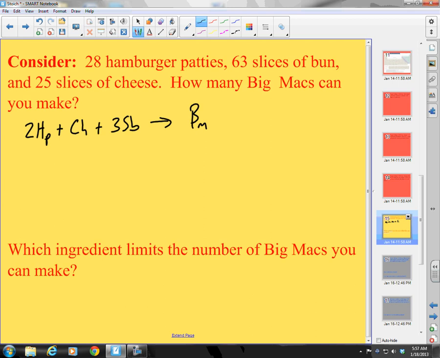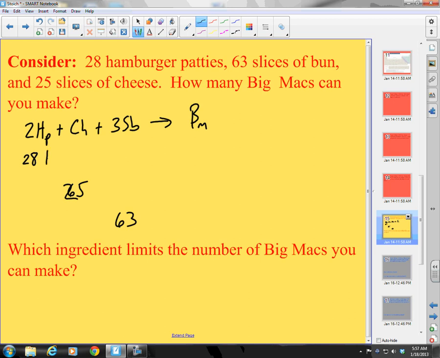And what do I do? I start off with 28 of these. I have 25 cheeses, and I have 63 slices of bread. How many Big Macs can I make? I'm not sure. Let's see. This is confusing for me a little bit. Let's do these one at a time.